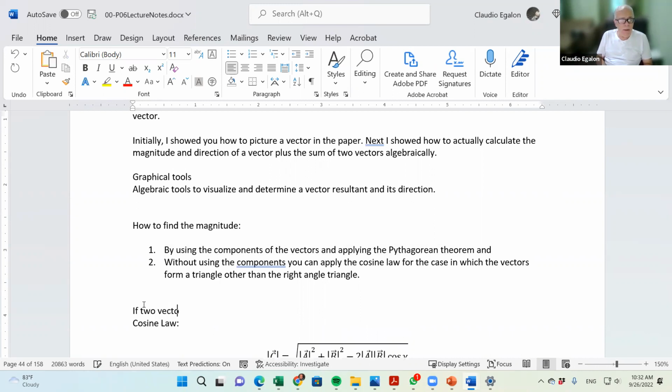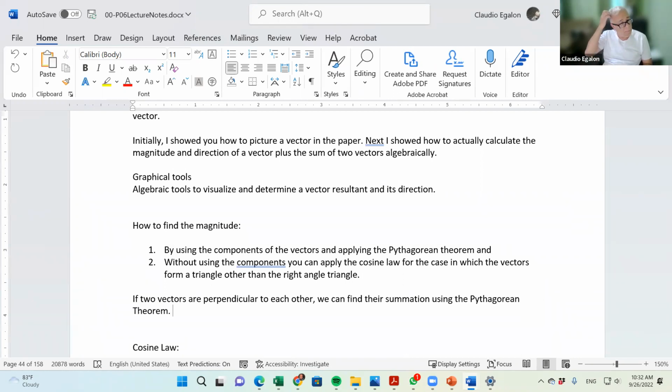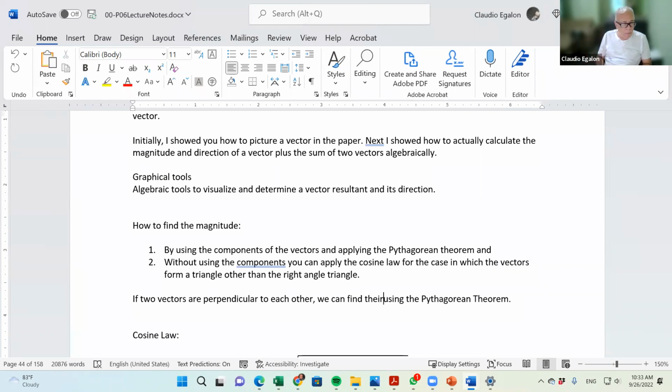If two vectors are perpendicular to each other, we can find the magnitude of their sum, the resulting vector, using the Pythagorean theorem.